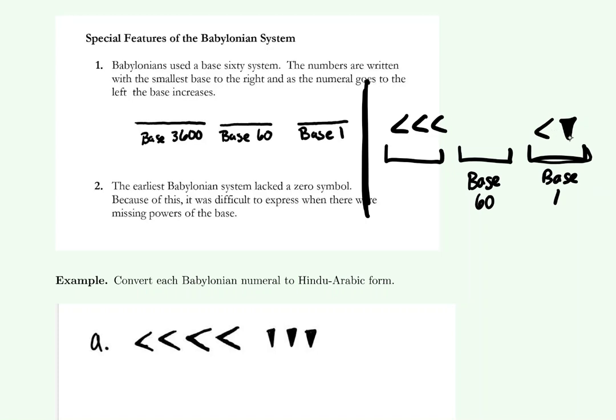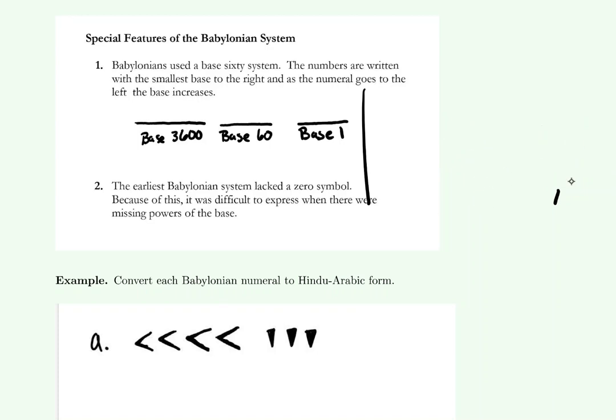And we've got 11 times base 1 plus 0 times base 60 plus 30 times base 3,600. Okay. So if you ever see it written where there's just an empty bracket, you're implied that there is 0 in that base. But that is one of the issues that our current system has improved upon. We've got the 0, which allows us to have a 0 in a certain base.